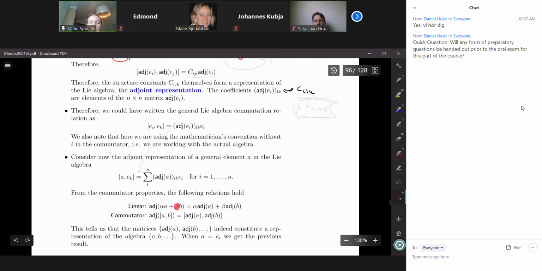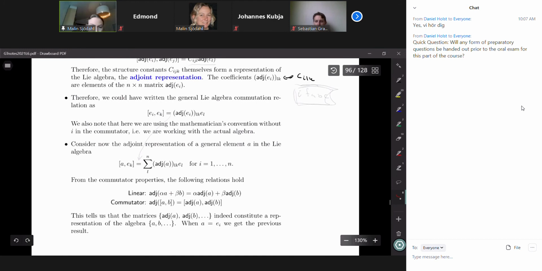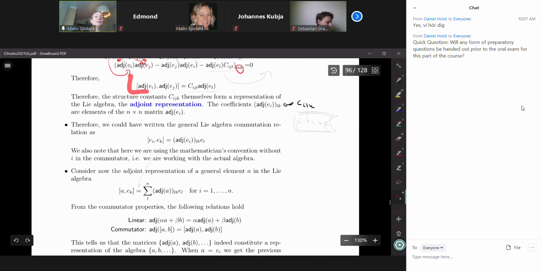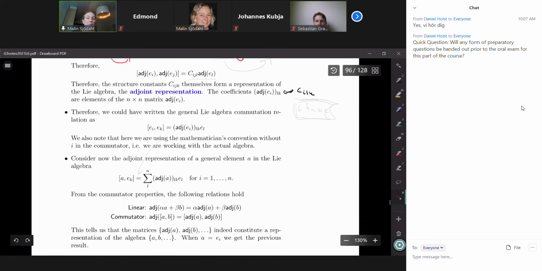If we have alpha A, and we can break out also a constant for the second argument, so it's clearly linear. And also the adjoint representation of the commutator is the commutator of the adjoint representation. So it forms an algebra. So recall, it's not just the commutator relation must be satisfied in order for it to be an algebra of the group in question, but it must also be linear and the commutator must remain in the algebra.